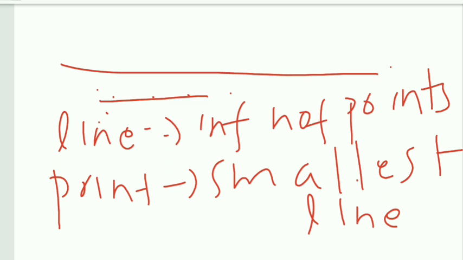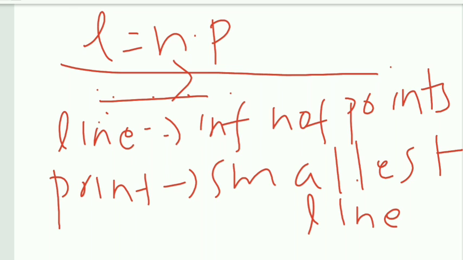Suppose my line has 1 billion points. This is a small line, it may contain 1 billion. If you draw a big line of 100 kilometers, that may contain that many points. So line L is equal to n into p. N is the number of points, p is one point. Yes or no?